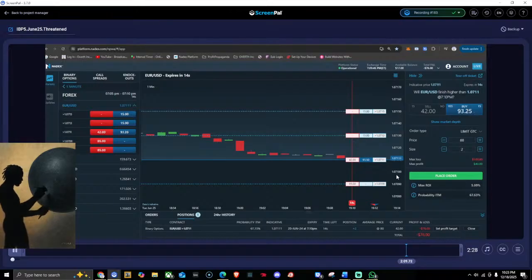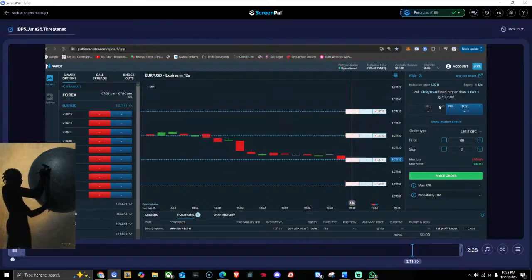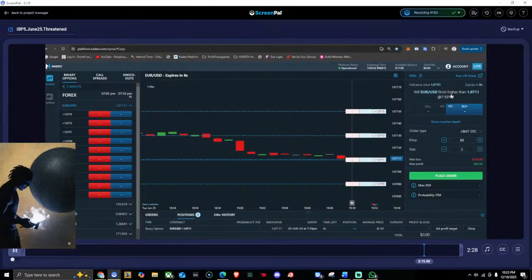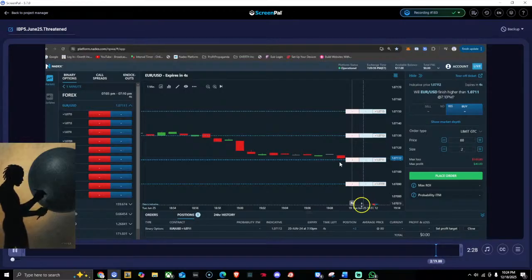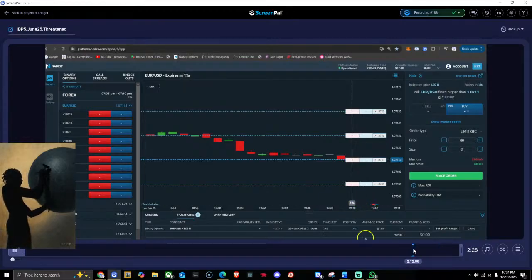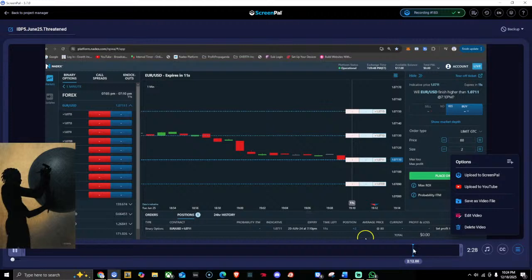But you don't normally want to put some money on these types of setups here, because of what can happen, and actually what did happen here. You can see that the position at this point, at 11 seconds left, threatened my entire trade.